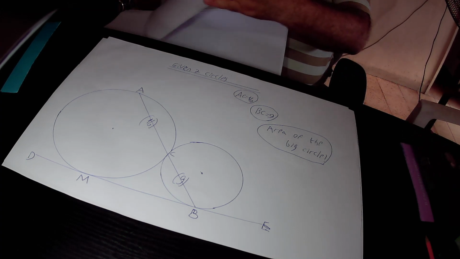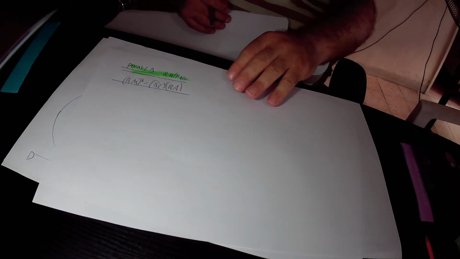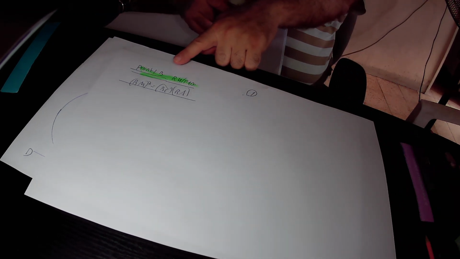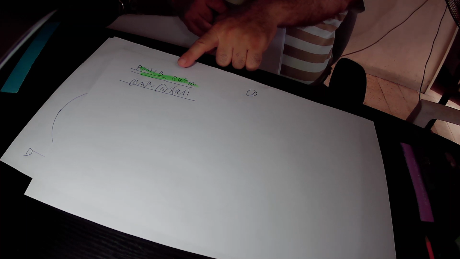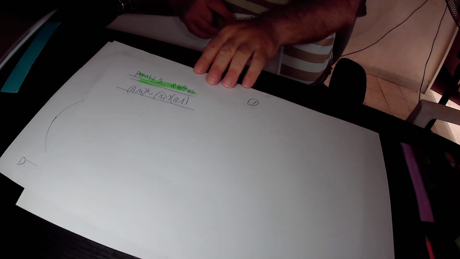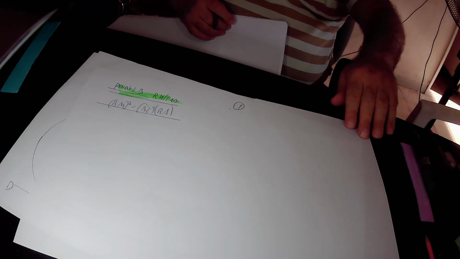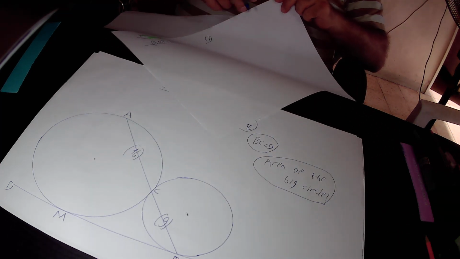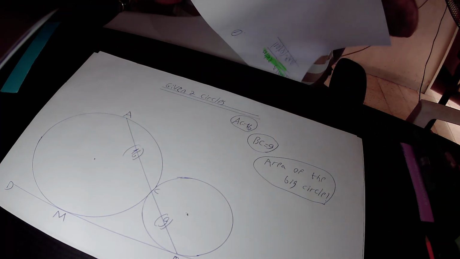Repeat again, according to rule 10, if you focus on the common external point B, the following equation will be true: BM squared equals BC times BA. BM is the missing tangent, so we'll write it as it is.